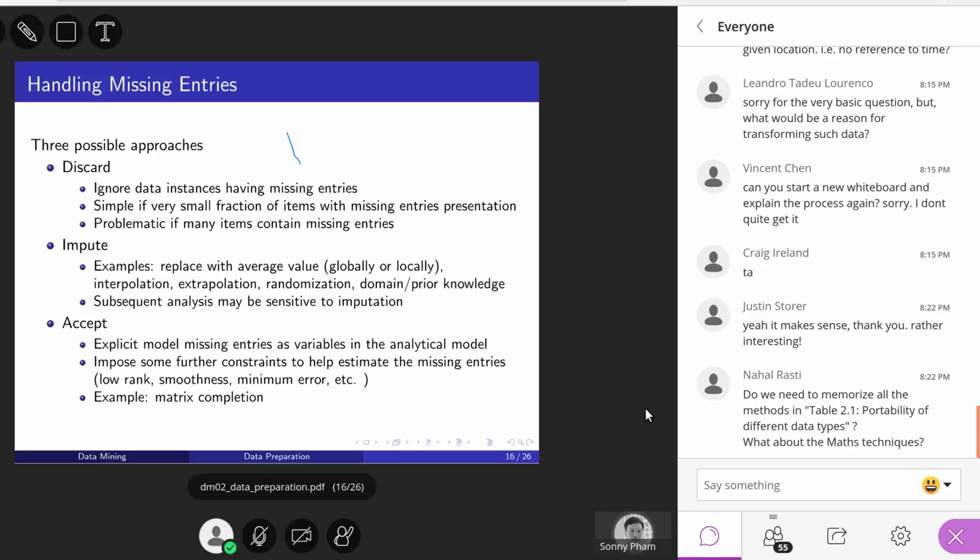Now, an example. For those of you who already attempted the practical exercises, you know this. What I'm doing now is sharing my screen.